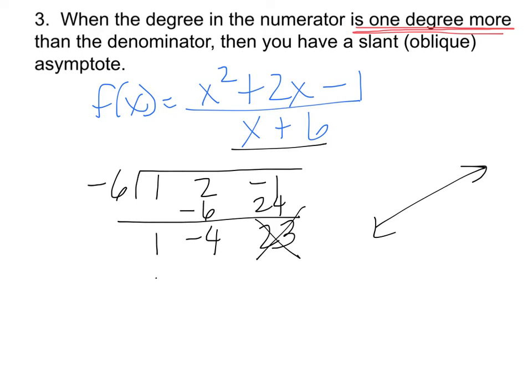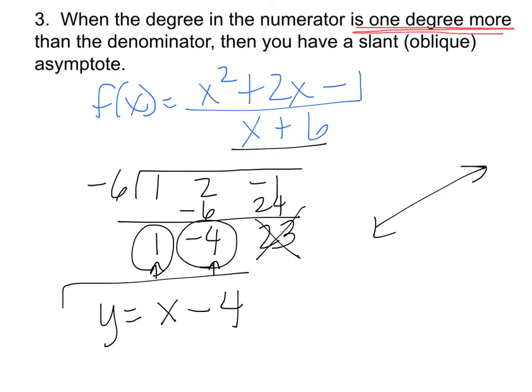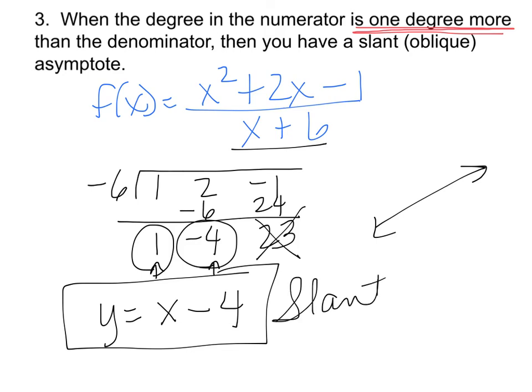You want your first term and your second term, because y is equal to 1x minus 4. Your first term here is your slope and your second term is your y-intercept. So that is your slant asymptote. Pretty cool, right? Let's do some examples and kind of feel these things out a little bit.